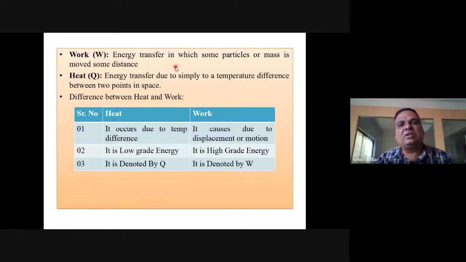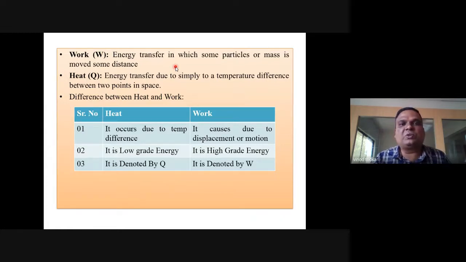Okay. Now, what about heat? Let's say at this point the temperature is 100 degrees Celsius, and at this point the temperature is 50 degrees Celsius. What will happen? Let's say inside my room the temperature is right now 18 or 20 degrees Celsius, or let's say 21 degrees Celsius, and outside my room the temperature is 30 degrees Celsius.